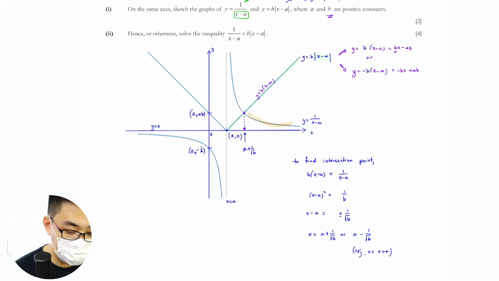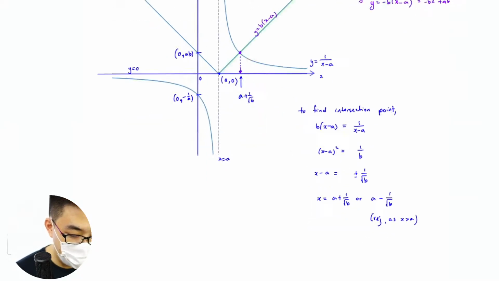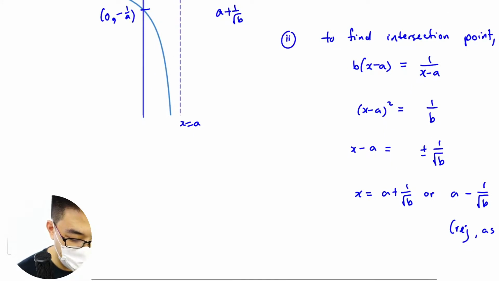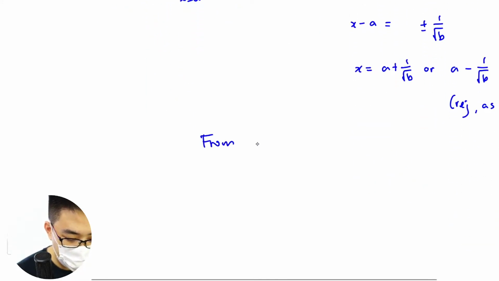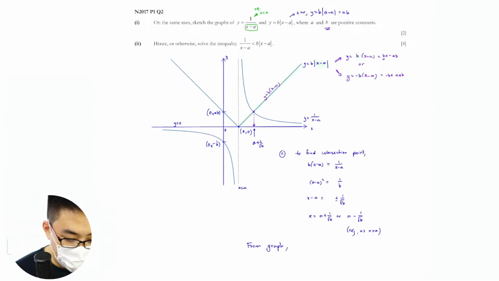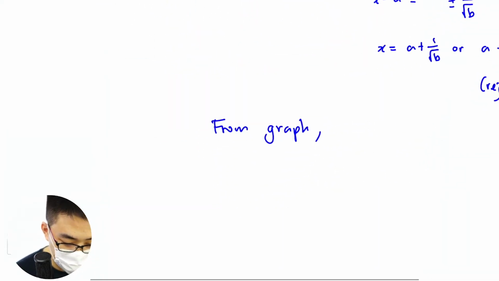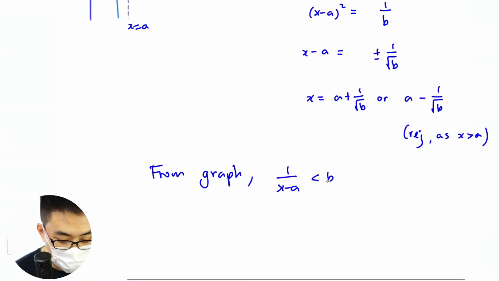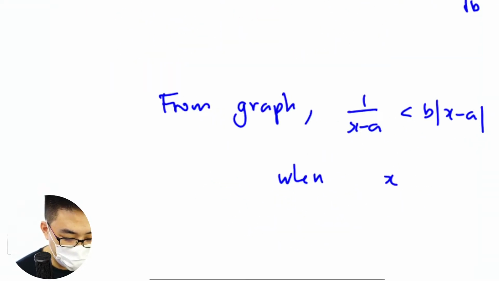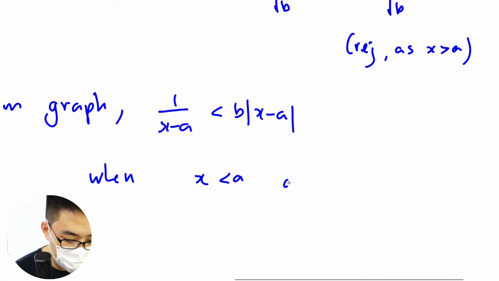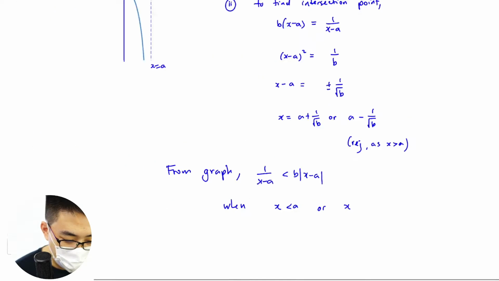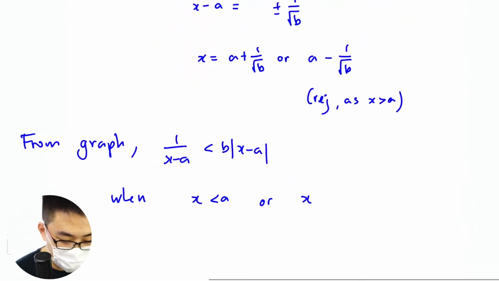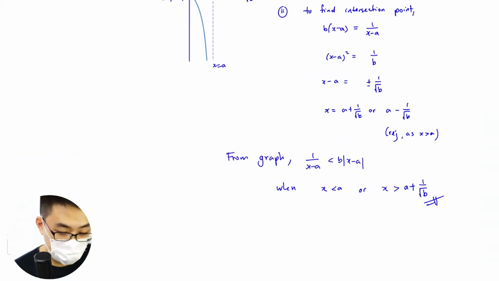So essentially, your solution from the graph, part 2, is that 1 over x minus 2 is less than b(x minus a) when x is smaller than a, or x is bigger than a. There's no equal sign. There you go, there's your answer.